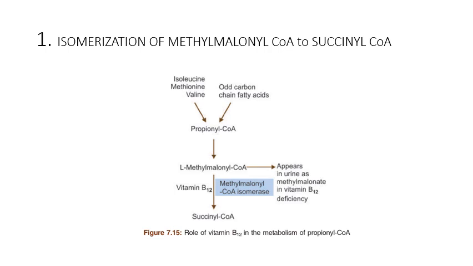So let's see the first function: vitamin B12 acts as a coenzyme to help convert methylmalonyl coenzyme A to succinyl coenzyme A. Propionyl coenzyme A is produced as a catabolic end product of multiple sources, like aliphatic amino acids such as isoleucine, methionine, valine, etc., and also from the oxidation of odd chain fatty acids.